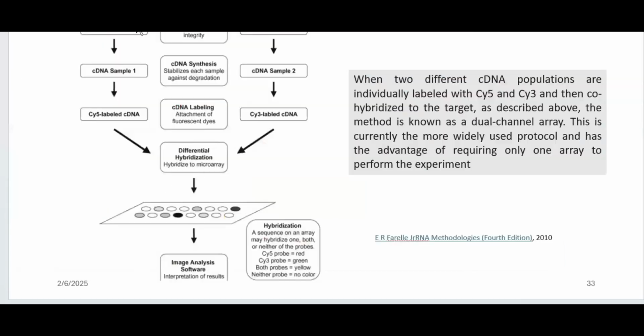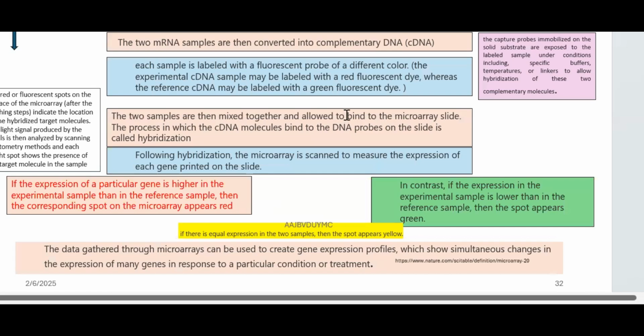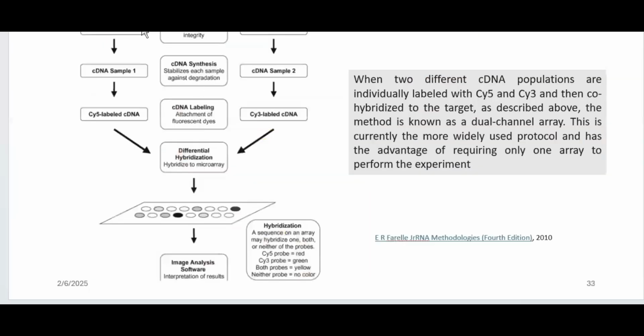Here you are doing a comparison. In this case you had only one sample and another was the reference, so this is a one channel system, right? But when you can have two channels or multiple channels, how would the process look? Here is a schematic representation that shows multiple rows, so multiple channels are there.